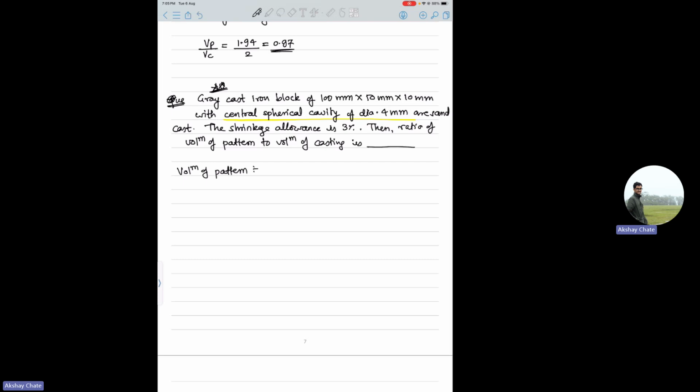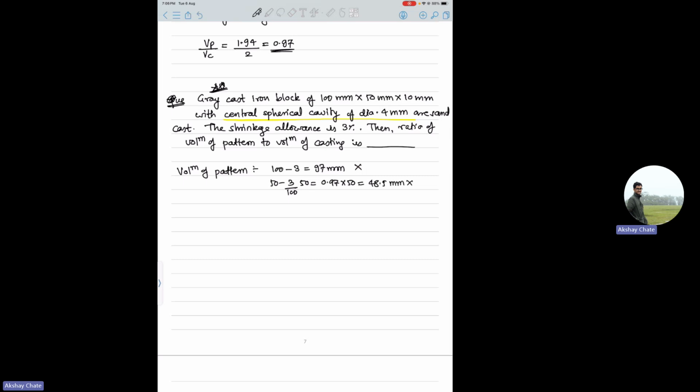Now we see the allowance is 3%. So 100 minus 3% of 100, that is 3, so that is 97 mm. Then 50 minus 3 by 100 into 50, that is 0.97 into 50, which comes out to be 48.5 mm.